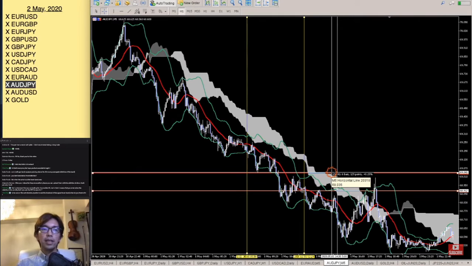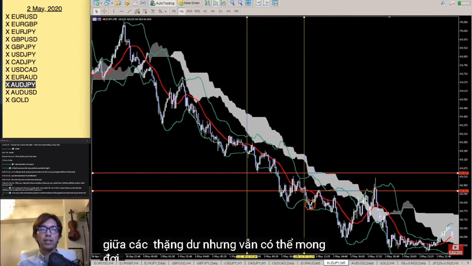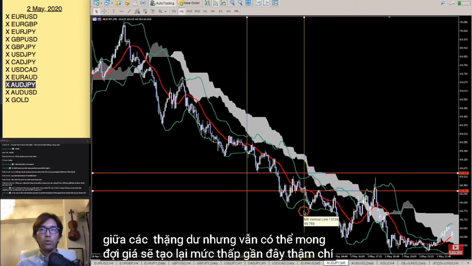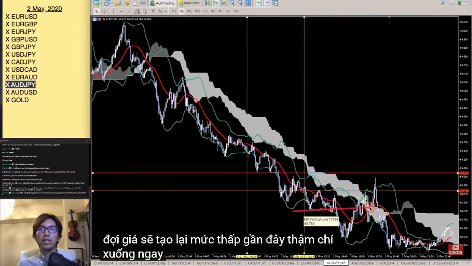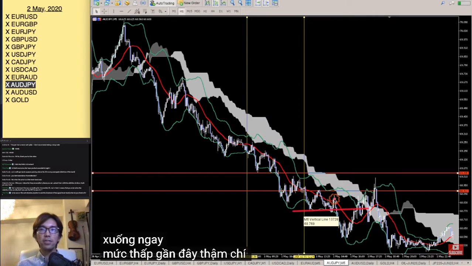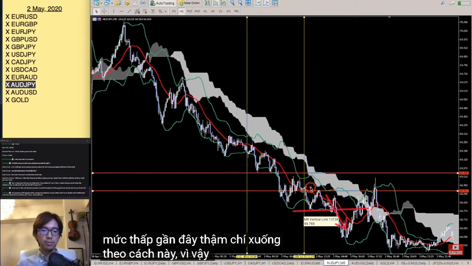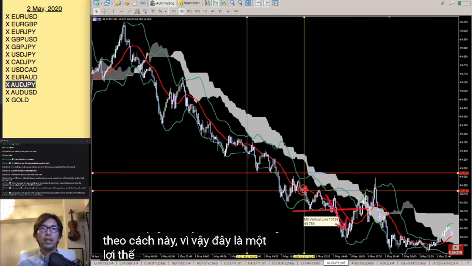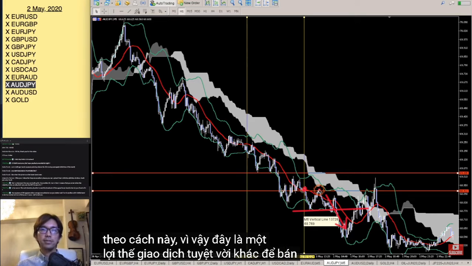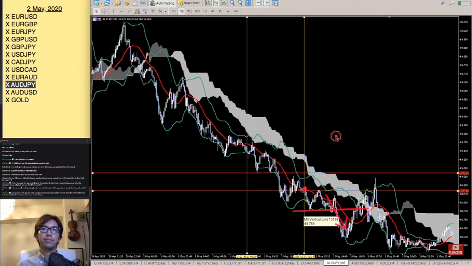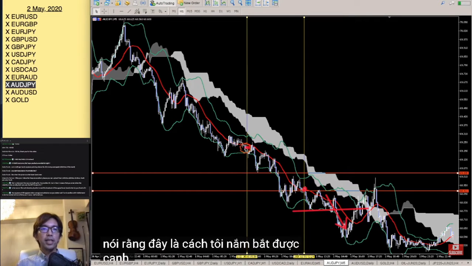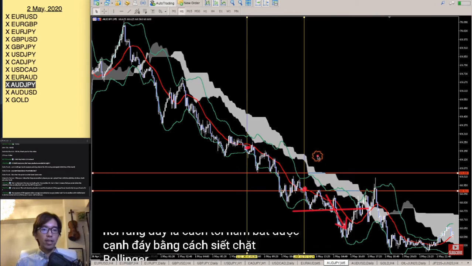So I only risk 13 pips of stop loss, but still can expect the price to renew the recent low even downwards to this way. So this is another great trading edge to sell. And this is how I capture the trading edges, by the squeeze of the Bollinger Bands.